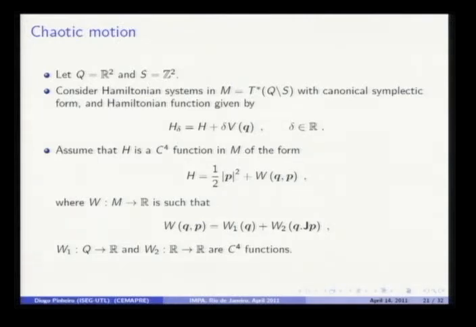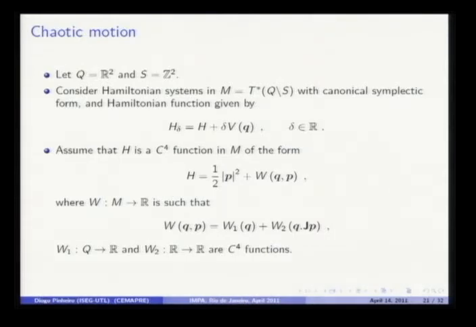Now this H is of the form some kinetic energy plus some potential, which may depend both on the position and the momentum. And now we need this to have the form which enables us to use our Hamiltonian with the magnetic field. So the potential needs to be of this form: some potential which depends only on the position, times some potential which depends on something which resembles a lot the angular momentum of the particle.